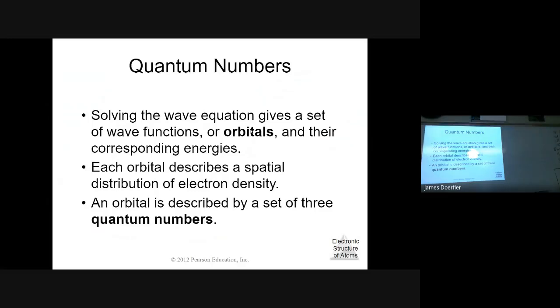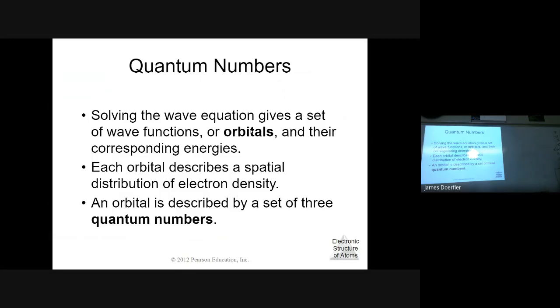So, with the development of quantum mechanics, we now get what's called quantum numbers. And we go back to that wave equation that thankfully, again, we do not have to solve ourselves. But it gives us a set of wave functions, and we call these orbitals, as well as their corresponding energies.